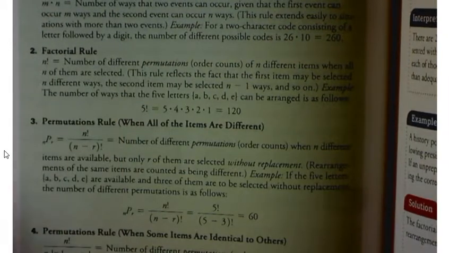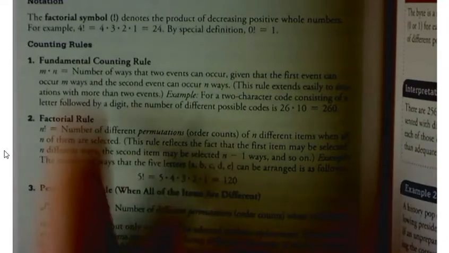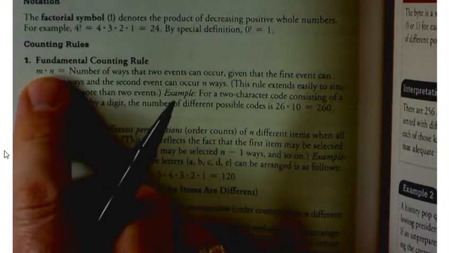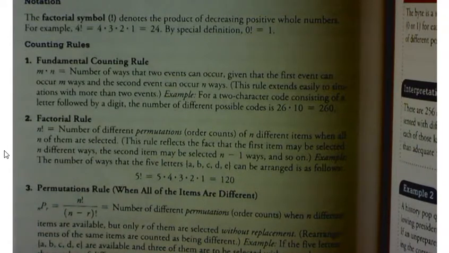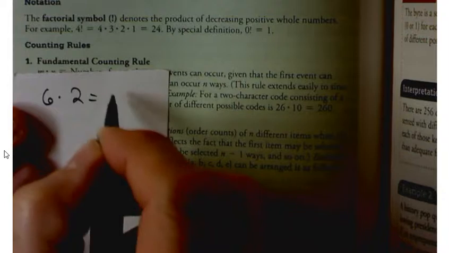Now there is kind of a fundamental counting rule, and that is when you have different events that can occur in m ways for one and n ways for another, then it's going to be the product. So for instance, if you were rolling a single die, you have 6 different possible events, and then tossing a coin.